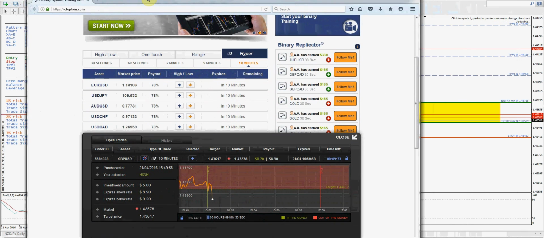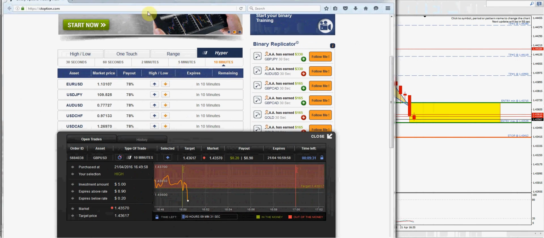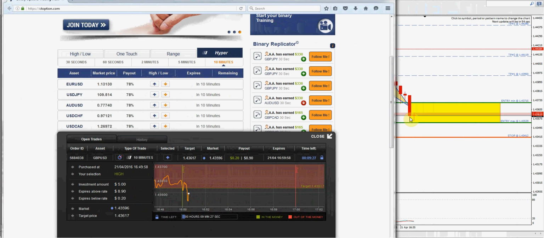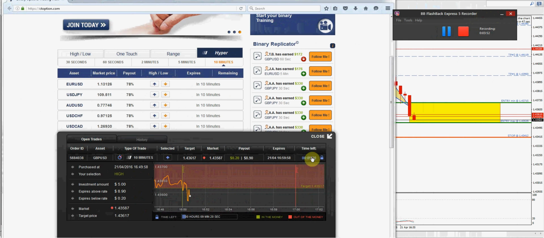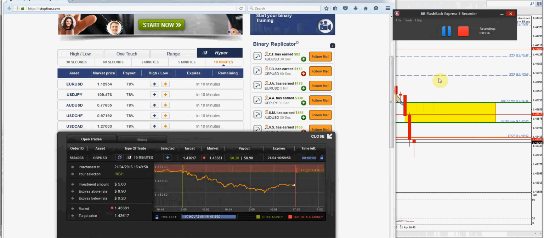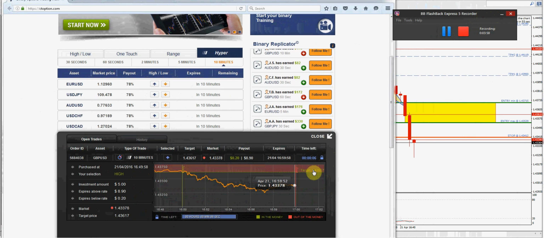All right, this is a 10-minute contract, so we'll go ahead and watch it and see what happens here. Hopefully this level of support will hold, and we'll just see what happens. All right, guys, I'll be back with you momentarily, maybe a minute until the contract closes. All right, folks, as you can see here, this is definitely going to be a loser.